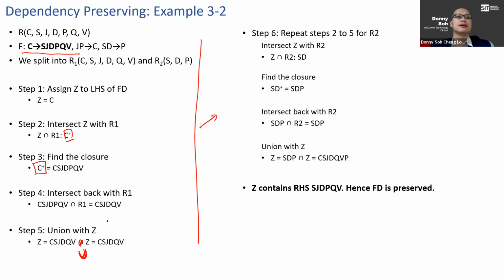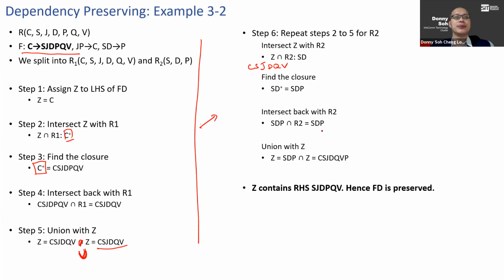So I take the Z, which is CSJDQV, intersect with R2. R2 is SDP, and this will give me SD. I find the closure of SD, which will give me SD and P. I intersect SD and P back with R2.